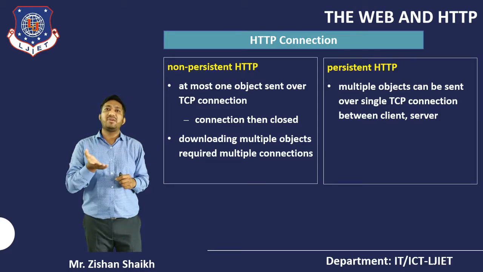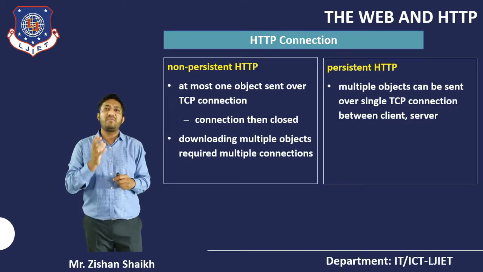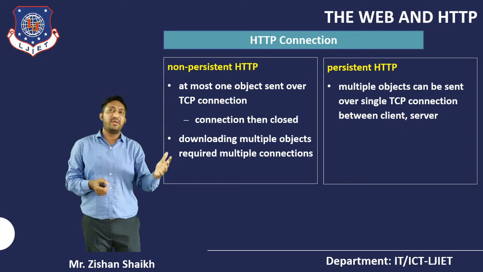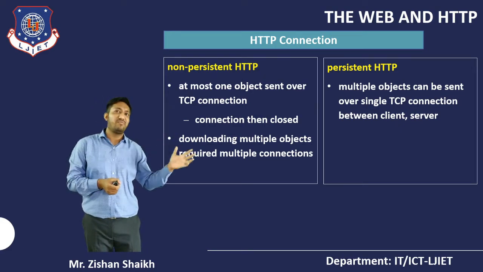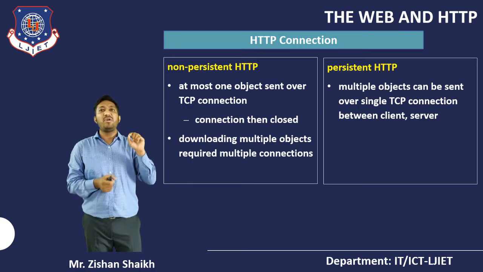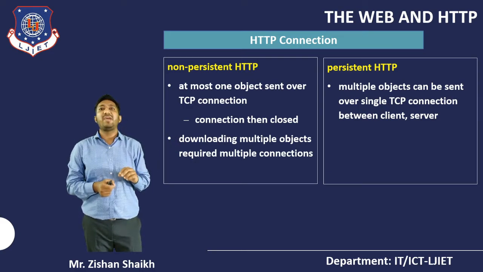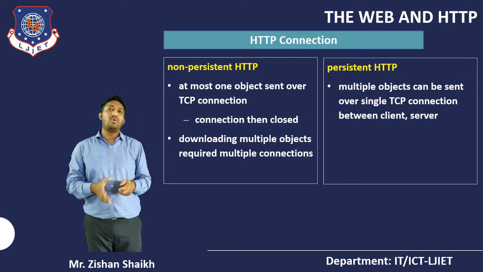If we want to request another one, a new connection is created. But in persistent HTTP, this is not performed. Every time, a new connection is not generated, and when we want to close the connection, we have to do it manually. So if we want to download multiple files, non-persistent HTTP is not useful.